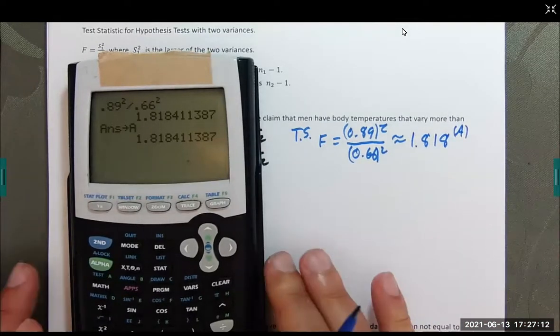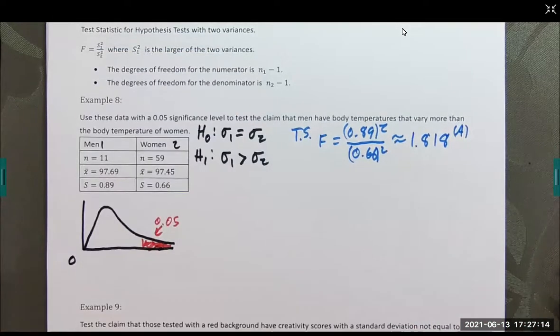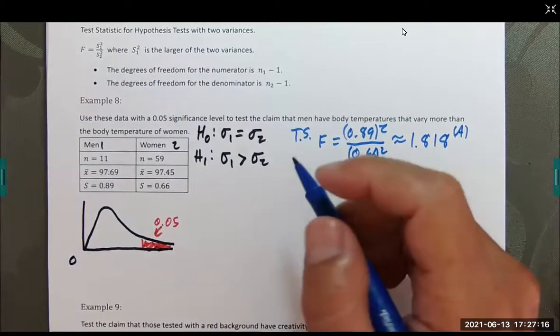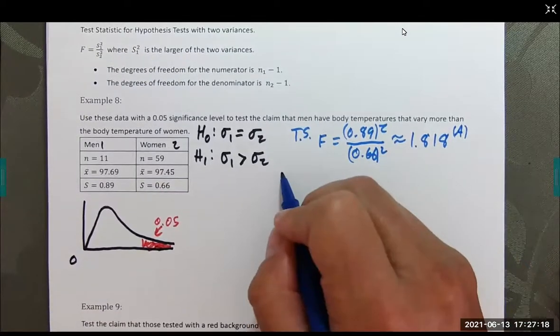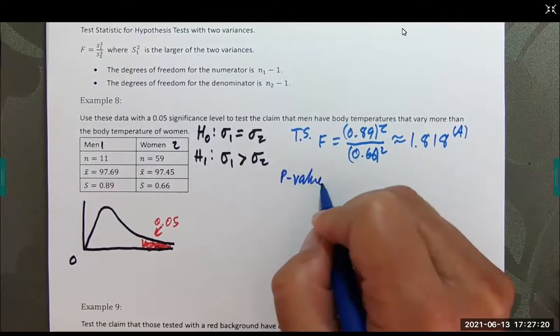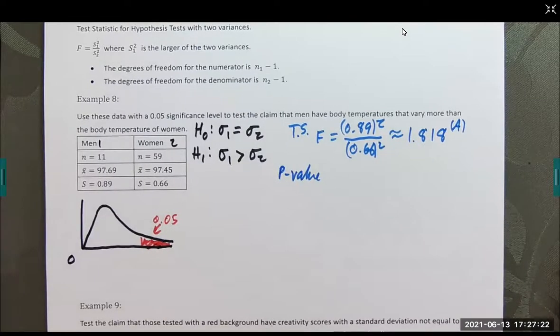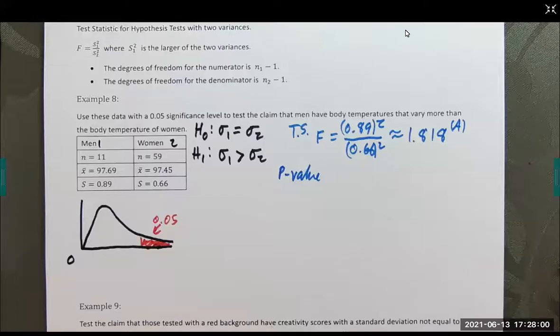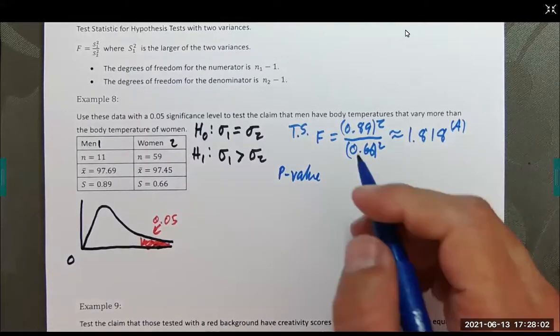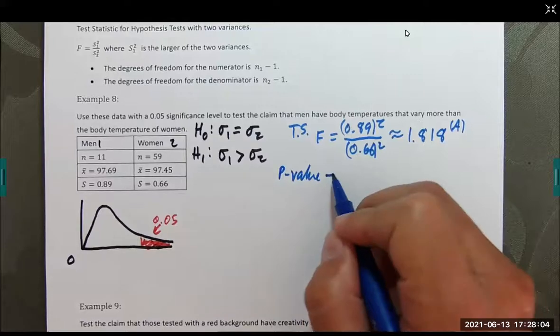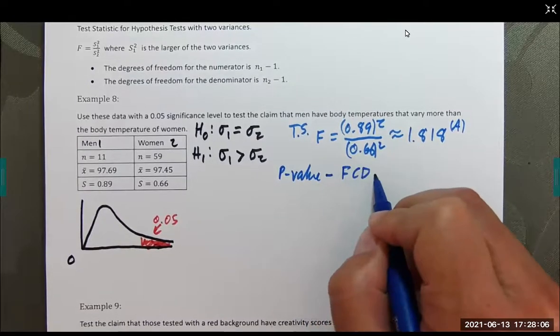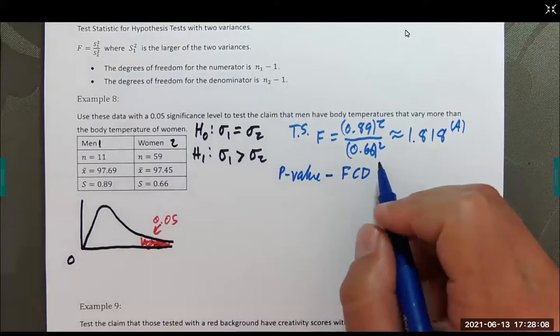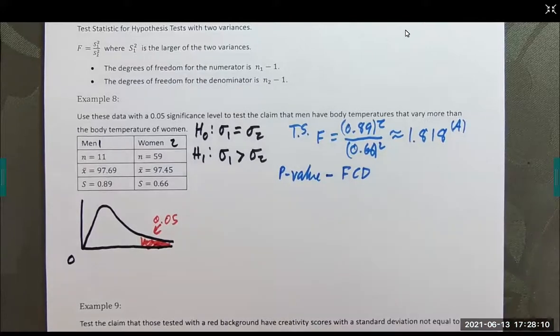Now, here's the thing. To get the p-value, we are going to use FCDF. Show you what that looks like here.